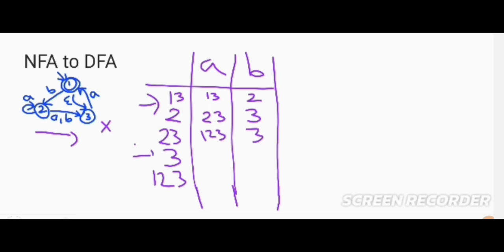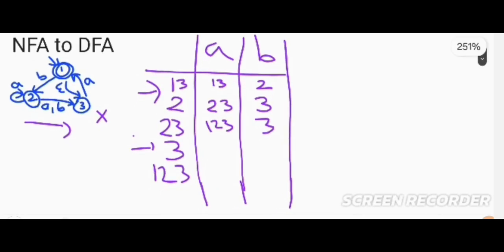Now for 3 with A, we know the result here, it's 1, 3. 3 with B is phi.